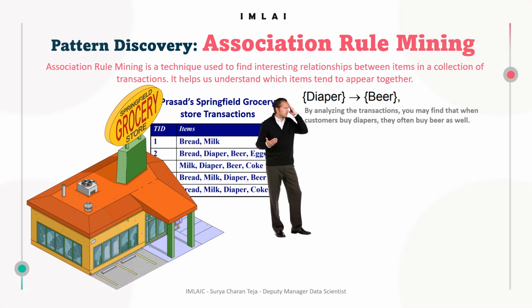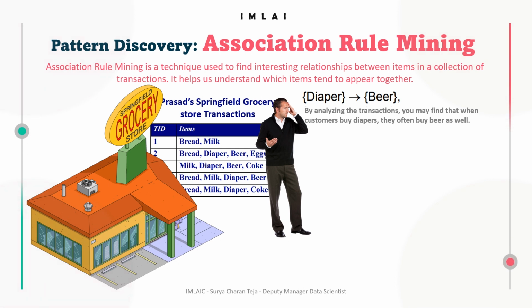That's what the equation on the screen conveys. Diaper implies beer. The diaper item tends to lead to the beer item. So this is an implication.